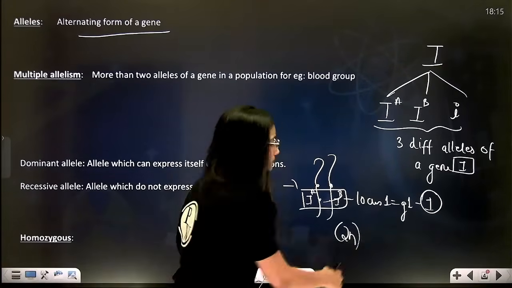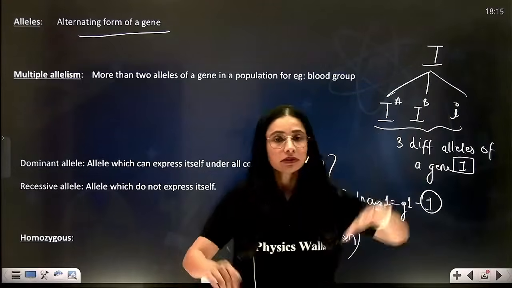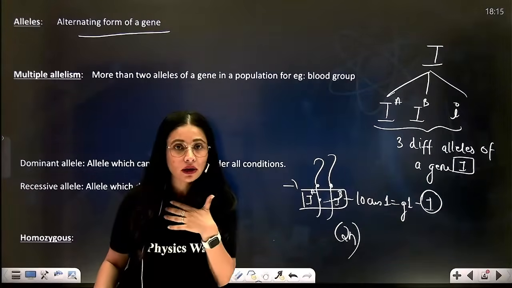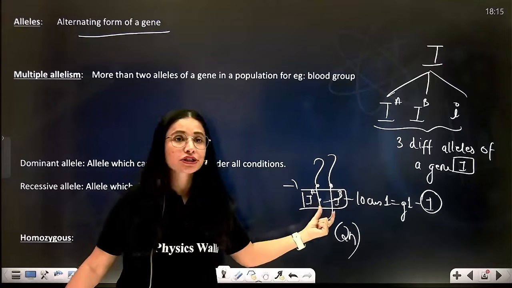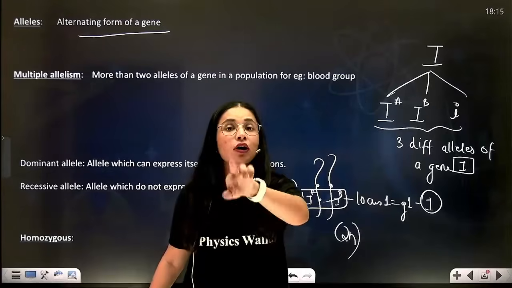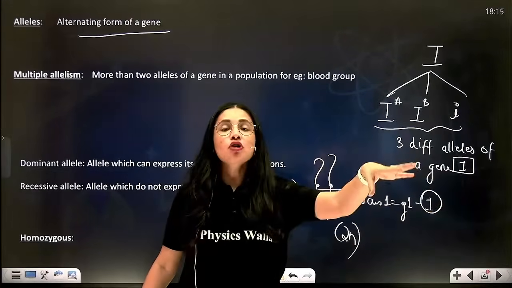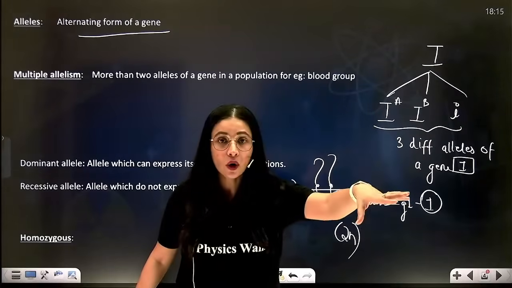However, if I talk about a population, suppose I am one Homo sapien, my combination is IA, IB. You are another Homo sapien, then your combination may be IB, IB. There may be a third Homo sapien whose combination may be IA, IO.